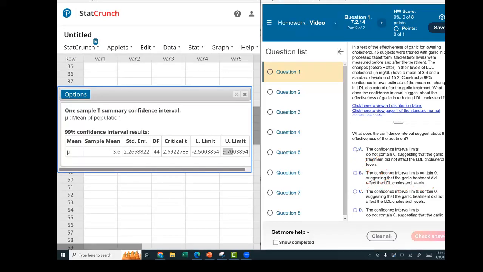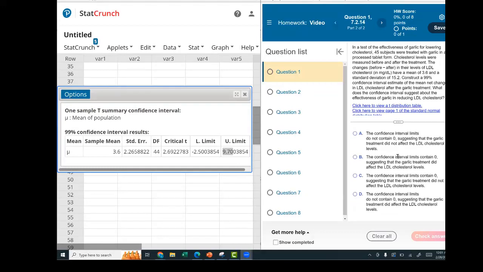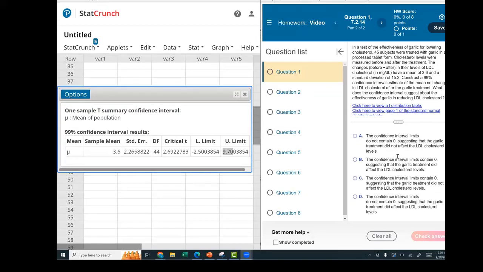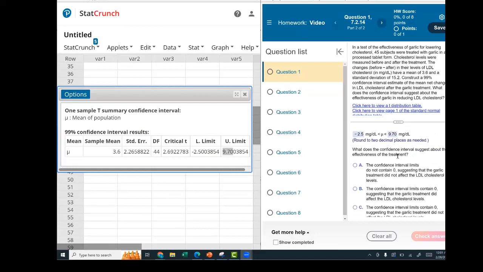Okay, what does the confidence interval suggest about the effectiveness of the treatment? So we have a confidence level of 99%, and we know our values. So let's read them. The confidence interval limits do not contain 0. Well, between a negative and a positive, that's got to get to 0.